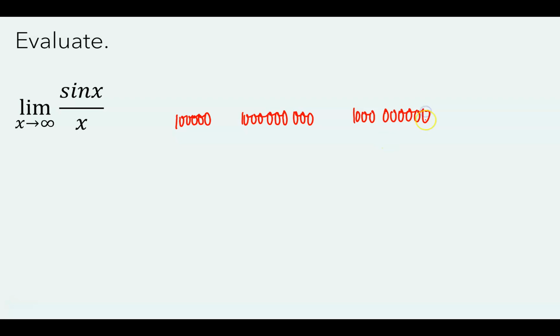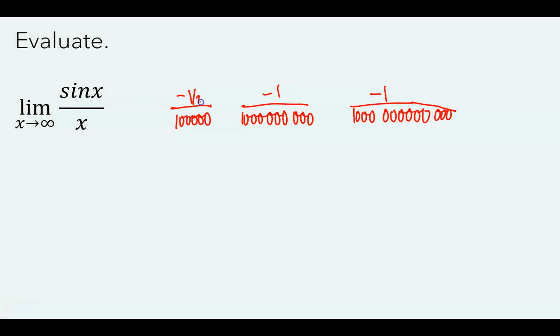Okay, there we go. 12 zeros. And so it doesn't matter if it's 1 over a million, 1 over a billion, 1 over a trillion. You know, that shrinks down to 0. Negative 1 over a million, negative 1 over a billion, negative 1 over a trillion shrinks down to 0. But, you know, sine of x doesn't have to be negative 1 or 1.